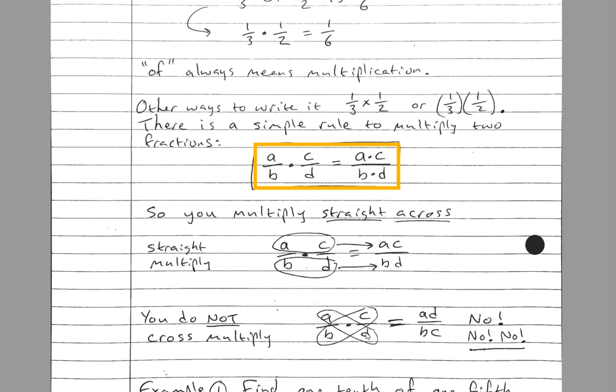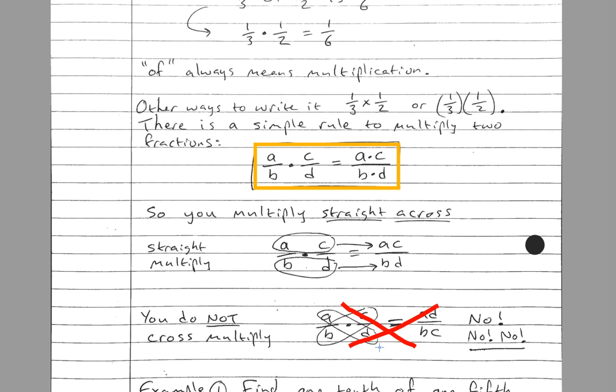And a very common mistake is to cross multiply. It doesn't work like that. So the way to multiply 2 fractions is you always just multiply straight across. I don't know why cross multiplying is so popular, but we'll see that it's a completely different idea.